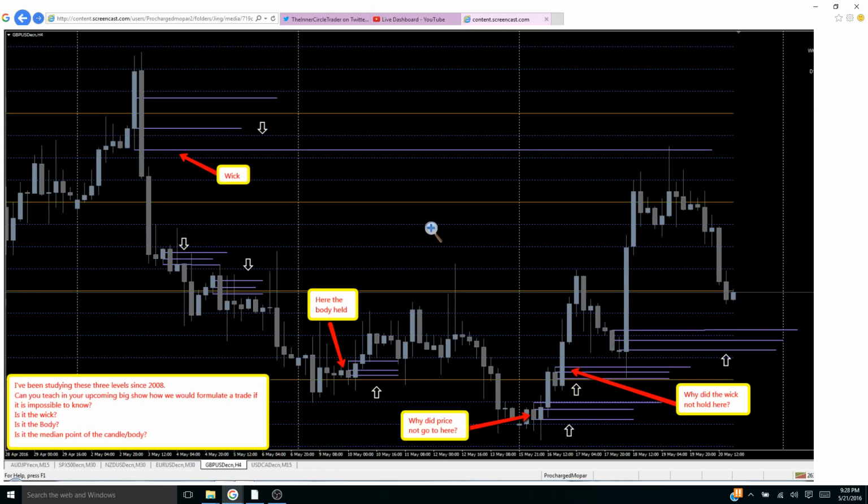Should be seeing a chart that was shared by ProCharge Mopar. Are you guys able to see the chart? I mean, it's not my chart.